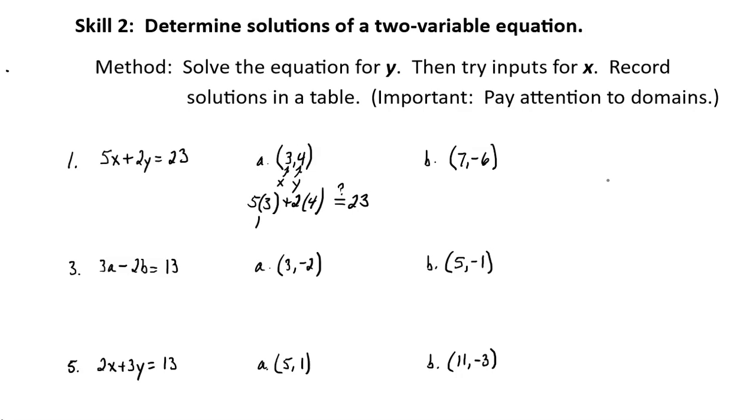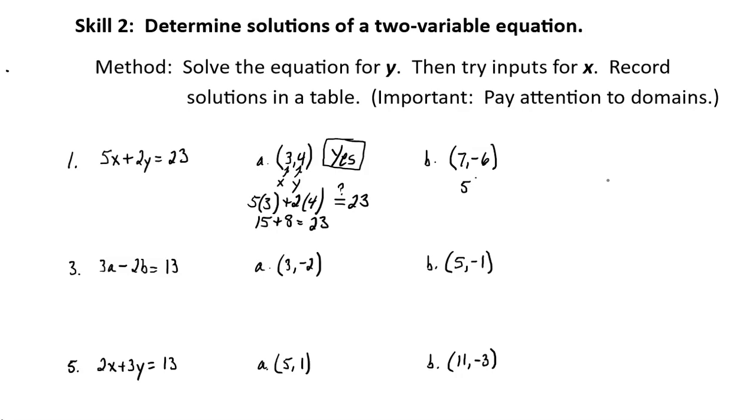So 5 times 3 is 15. 2 times 4 is 8, and 15 plus 8 is 23. So this is yes. Now, still question 1, the same equation. What about the ordered pair 7, negative 6? Let's try those.